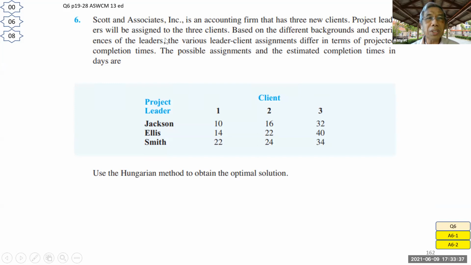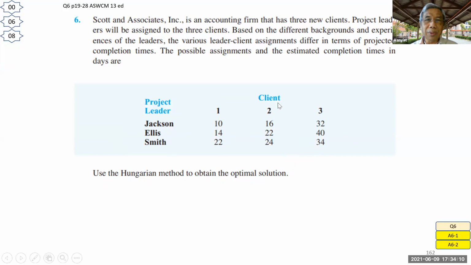Project leaders will be assigned to the 3 clients. Based on the different backgrounds and experience of the leaders, the various leader-client assignments differ in terms of projected completion times. The possible assignments and the estimated completion times in days are given here. Use the Hungarian method to obtain the optimal solution.